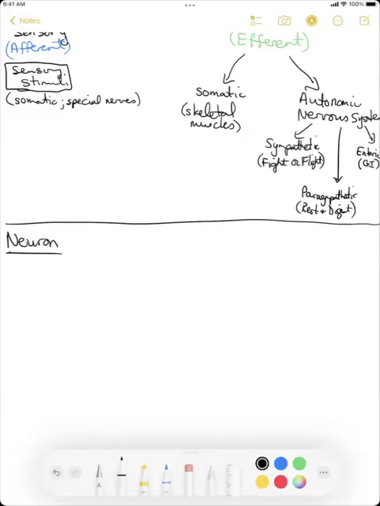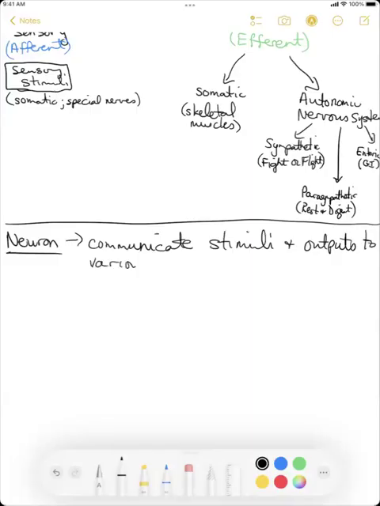So these are going to communicate stimuli and outputs to various parts of the body. The way that they actually do this is through a process known as an action potential.